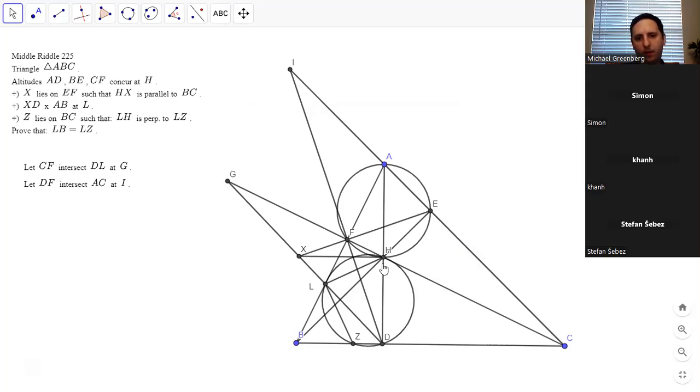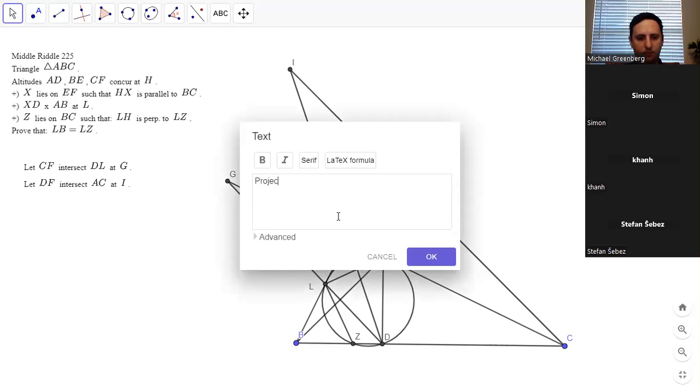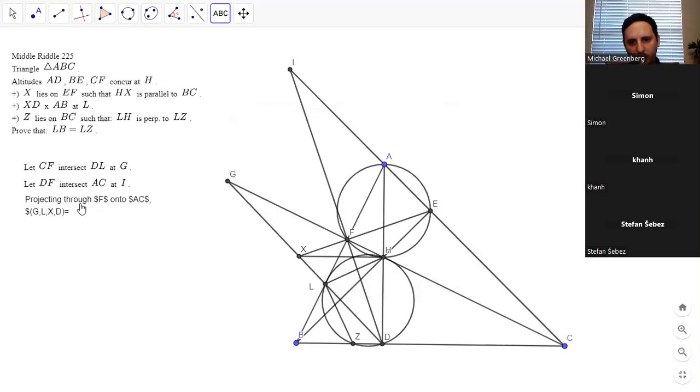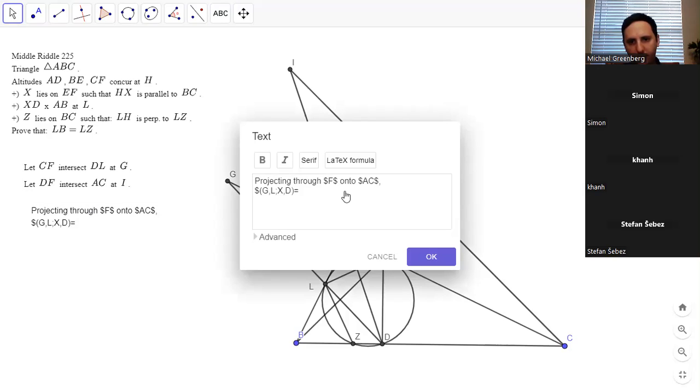And then we're going to try to show that GXLD is harmonic. So we can project through F. GLXD should be equal to CAEI, which is negative one.